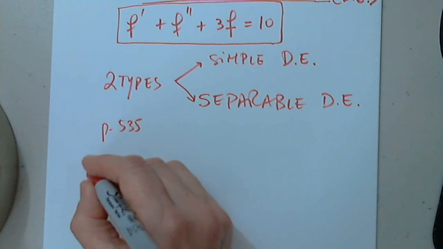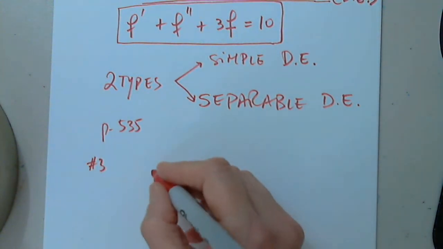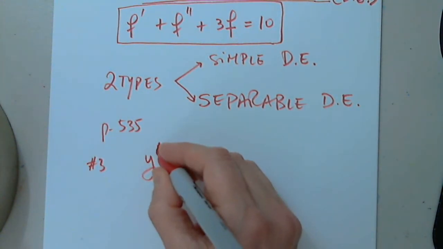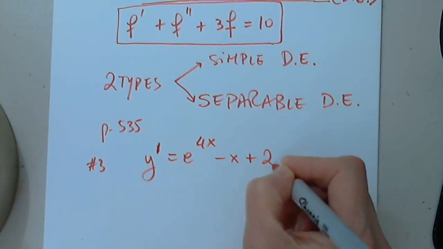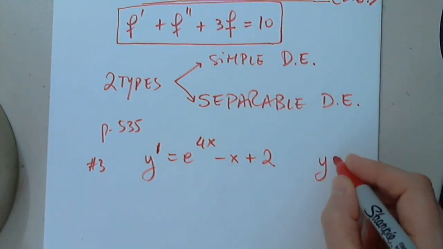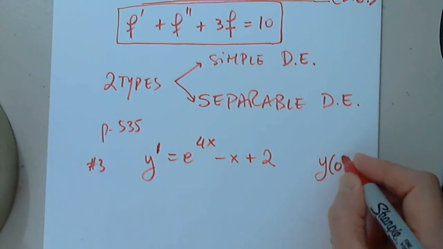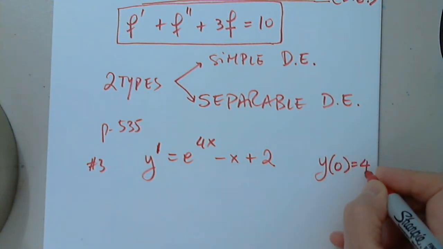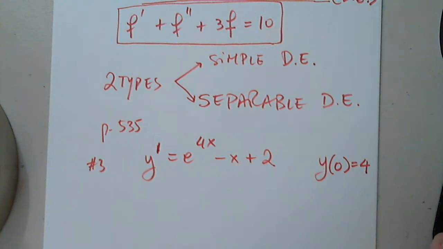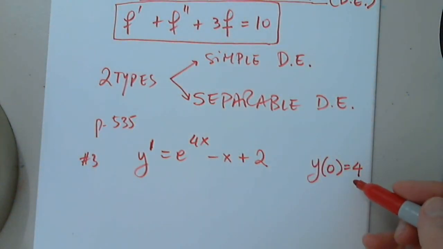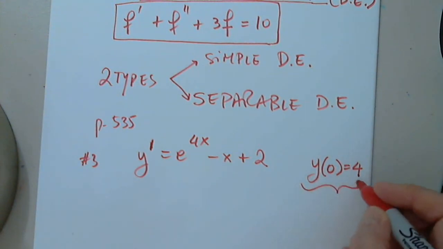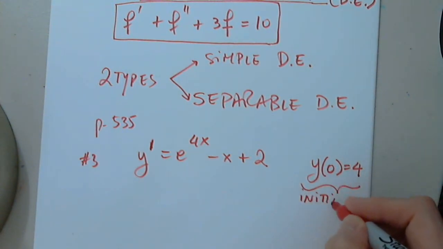Let's say problem 3 on that page. So we are given y prime equals e to 4x minus x plus 2. We're told that y of 0 equals 4. And the problem says find the general solution, and then find the particular solution. This is something called an initial condition.